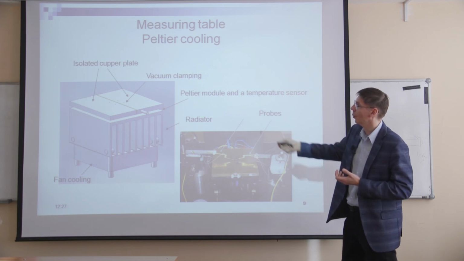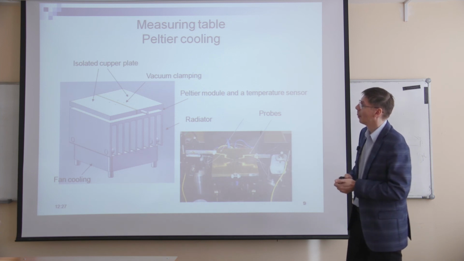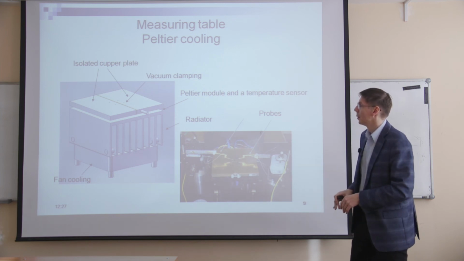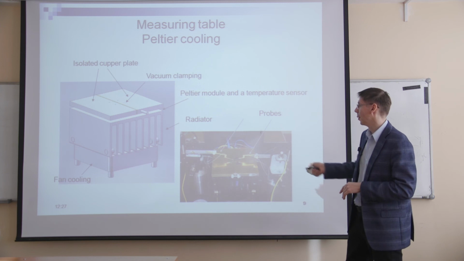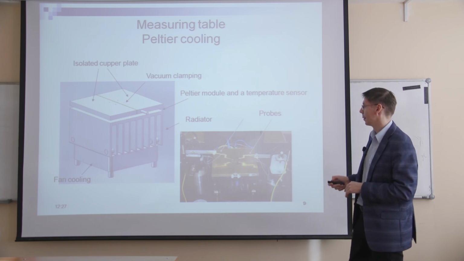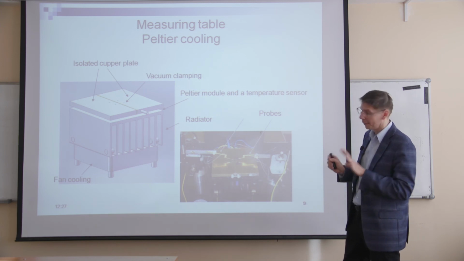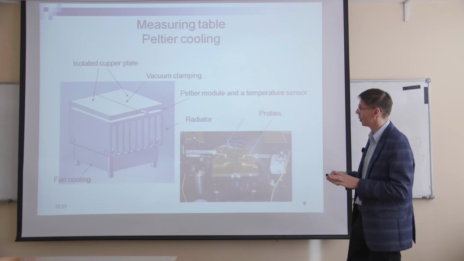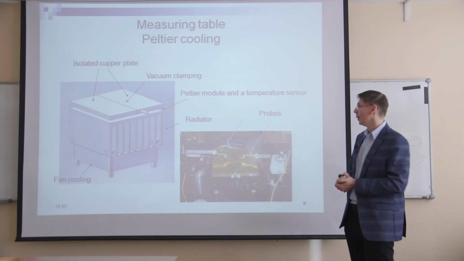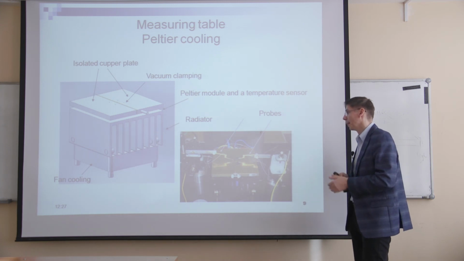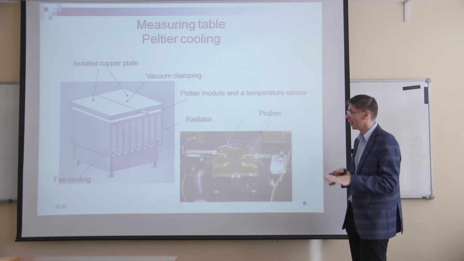These two copper plates should be isolated. Then they are covered by gold. Normally the tables for the solar cells are covered by very conductive metals like gold.